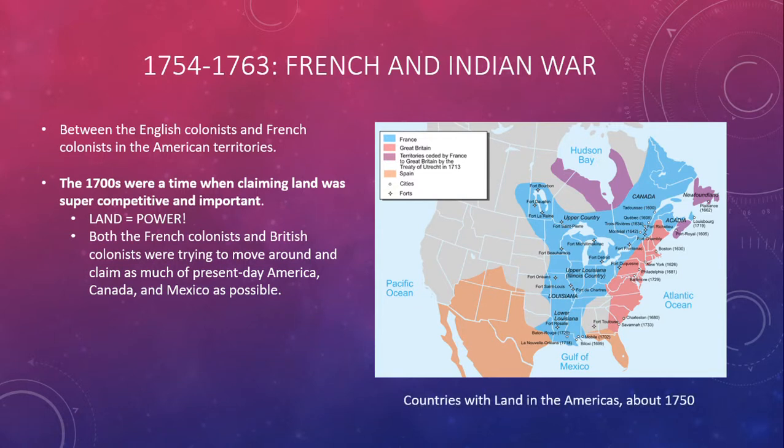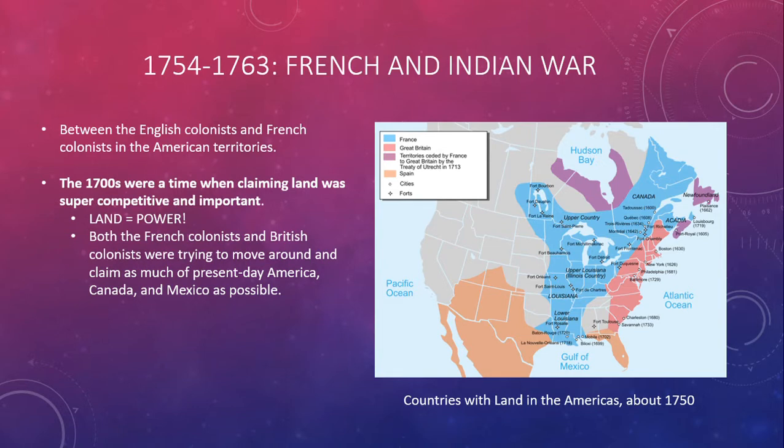So the French colonists in blue, right here on the map, had spread down into the center of the territory, so the present-day United States. The English colonists, in this pink color over here, had taken the Northeast, and the Spanish colonists, in orange here and here, had taken present-day Florida, over here, and had come up from present-day Mexico.